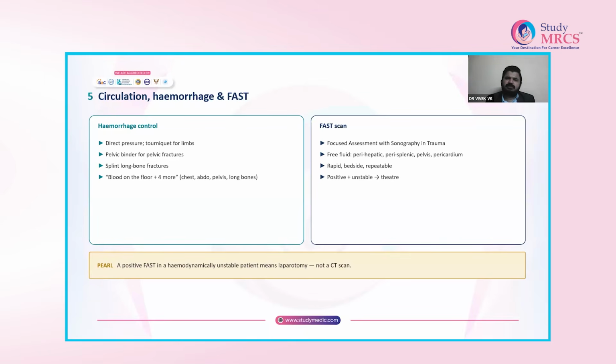Okay, so you have to understand this point. If there is a positive FAST scan in a patient with unstable vitals, always take the patient directly to the operation theatre. That is a key pearl: a positive FAST in a hemodynamically unstable patient means laparotomy, not a CT scan.